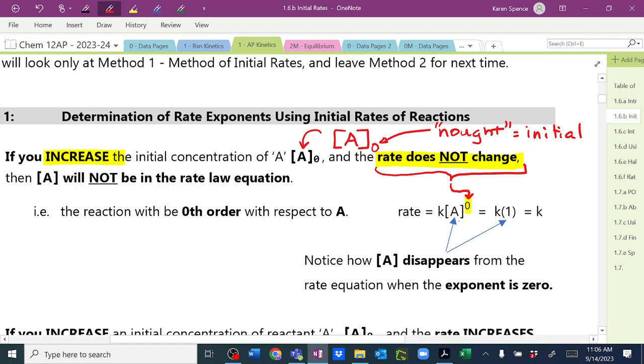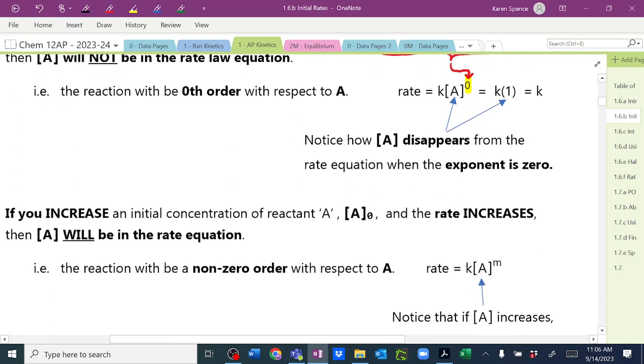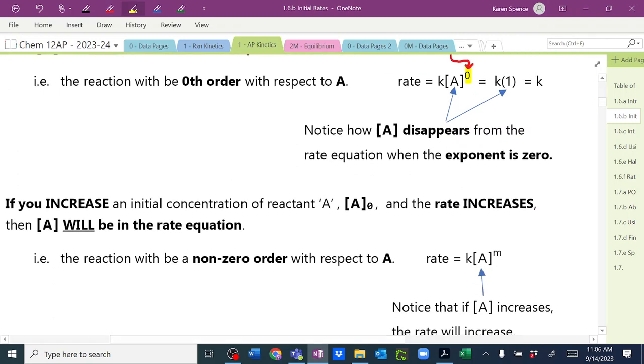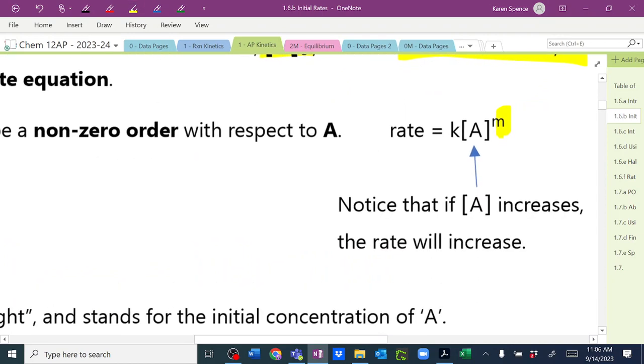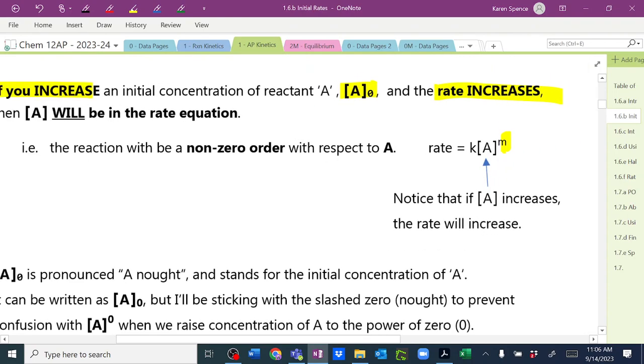Because concentration of A then just becomes 1, and so it's not changing. If you increase A naught and the rate increases, then the concentration of A will be in the rate equation. It's either going to be A to the power of 1 or A to the power of 2 or whatever. So we're going to have a non-zero m value. So if we increase A, rate will increase.